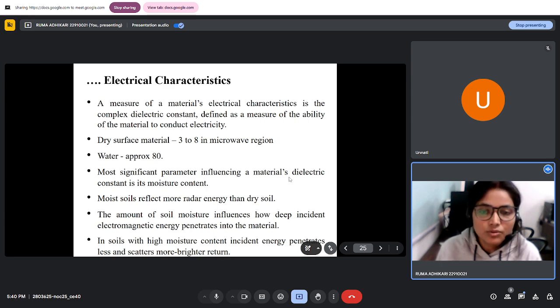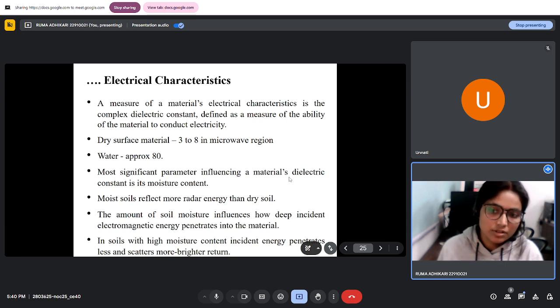So we can differentiate moist soil and dry soil using this. The amount of soil moisture influences how deep incident electromagnetic energy penetrates into the material. In soils with high moisture content, incident energy penetrates less and scatters more, giving a brighter return.